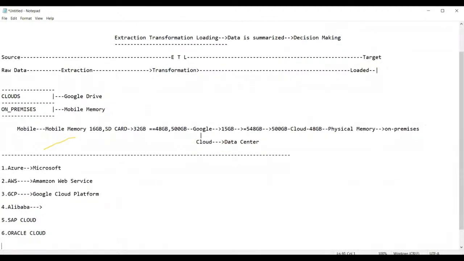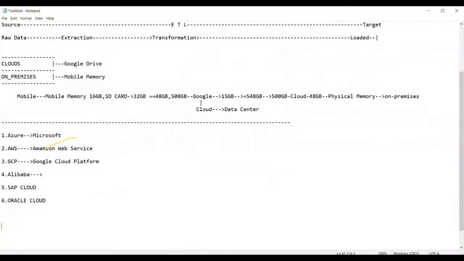Now, guys, these cloud services are basically classified into three categories. The first one is IaaS. IaaS stands for Infrastructure as a Service.